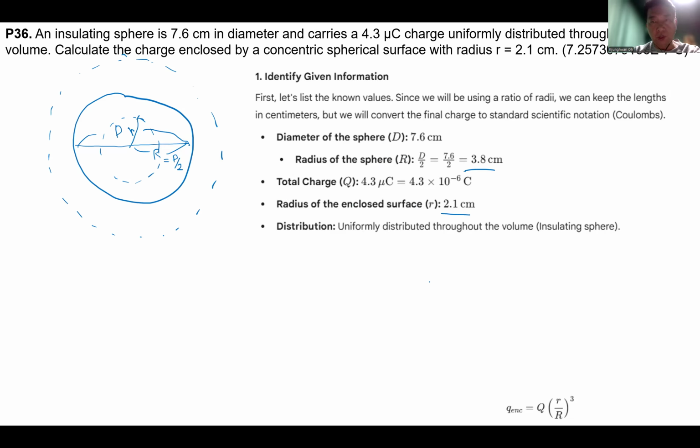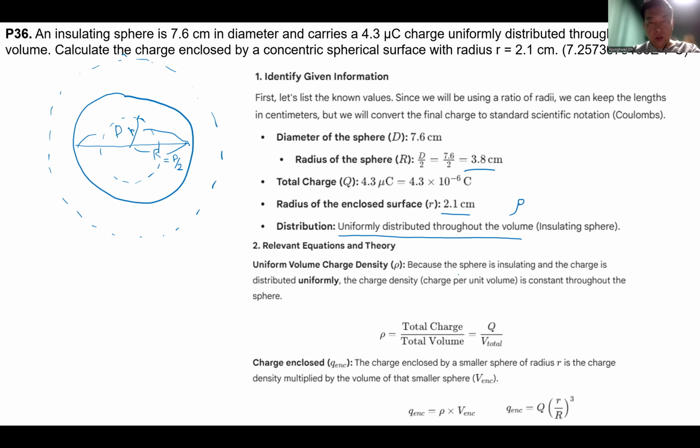Okay, and once again, we are talking about charge uniformly distributed throughout the volume, such that the charge density rho is constant. The charge density is given by the total charge divided by the total volume, V total.